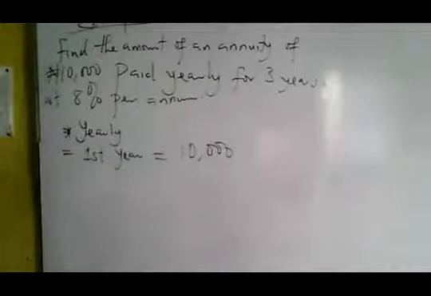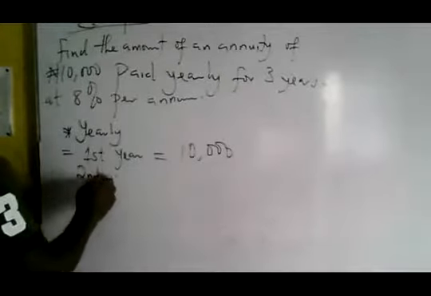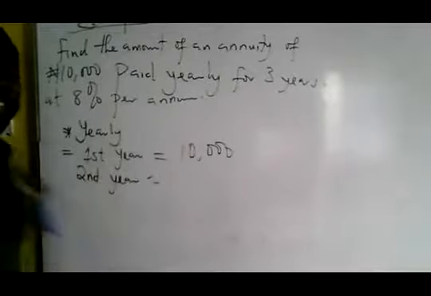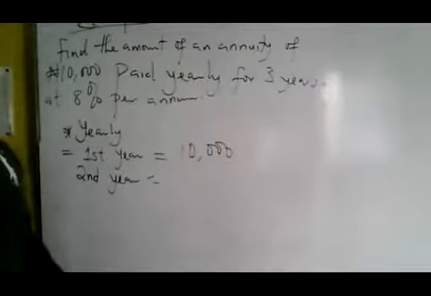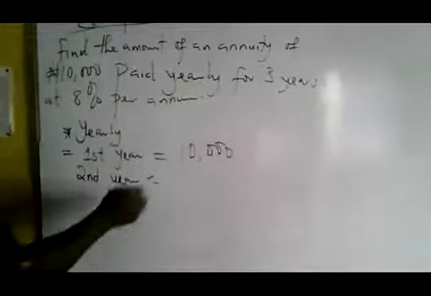That is what I'm supposed to receive, 10,000 naira. That one is there. Now, the second year will be compounded. We use compound interest for it, for the second year. It will be compounded, raised to the power of 2. That is after 2 years.